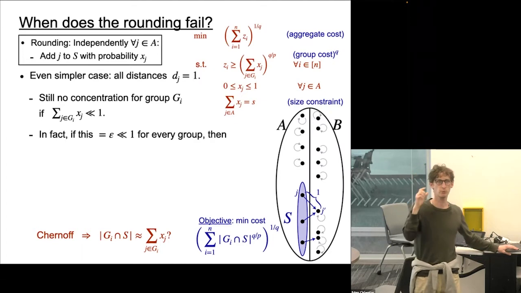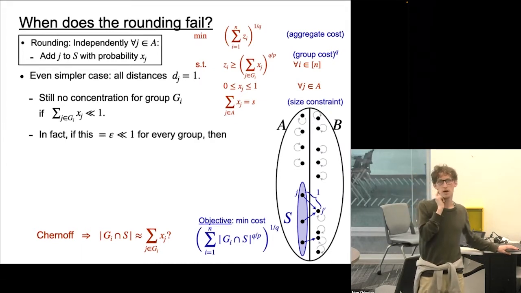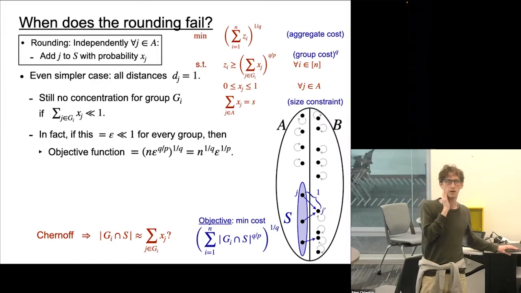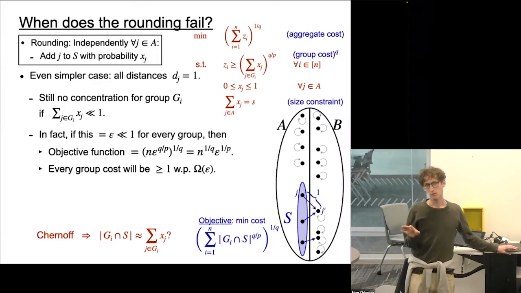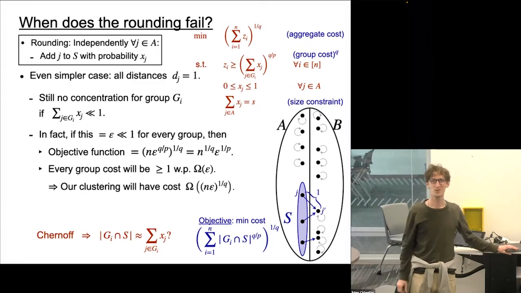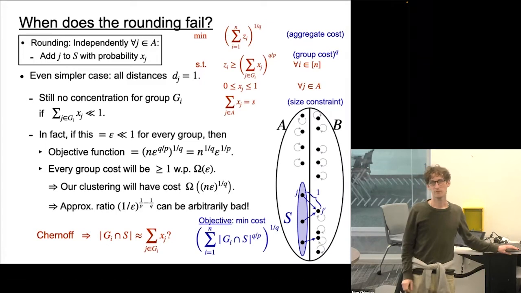It's going to be 0 most of the time, and with, let's say, probability epsilon or so, it's going to be 1 or something very small, right? So I won't do all the math, but if you do this very quickly, you see that the approximation ratio is going to be very bad.